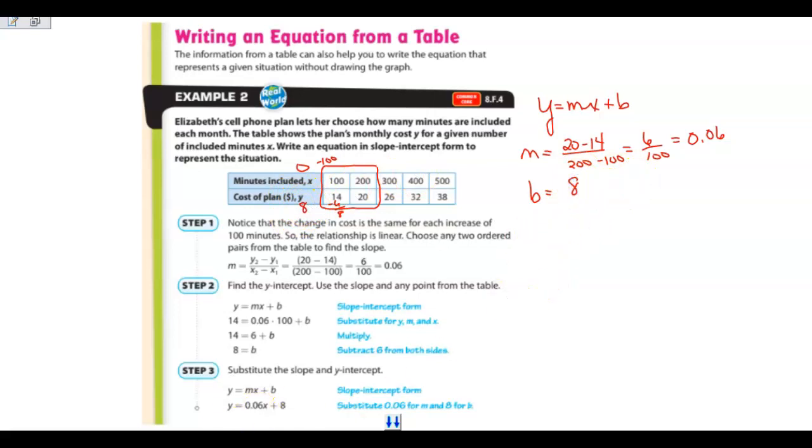Another way we can do that is to take any of these points. Let's take this one here. My y is 20. My x is 200. When I do this, 6/100ths times 200 is 12.